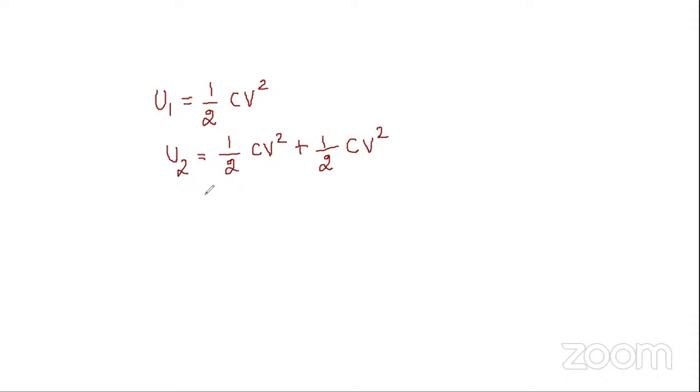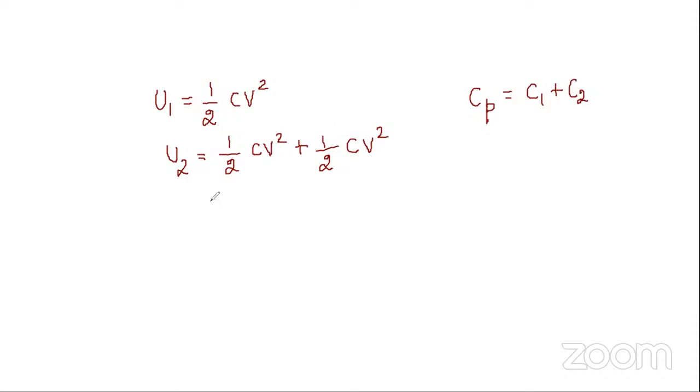When capacitors are connected in parallel, you simply add both capacitances, Cp equal to C1 plus C2. Here both capacitance values are the same. In parallel combination, the potential difference remains the same.